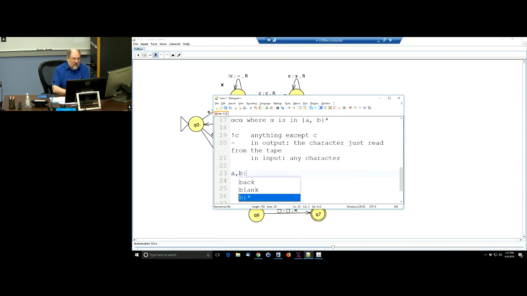A right curly set bracket, and then a single character variable name, which should be a symbol that is not in your input. So what this means is accept either A or B, storing it in W.